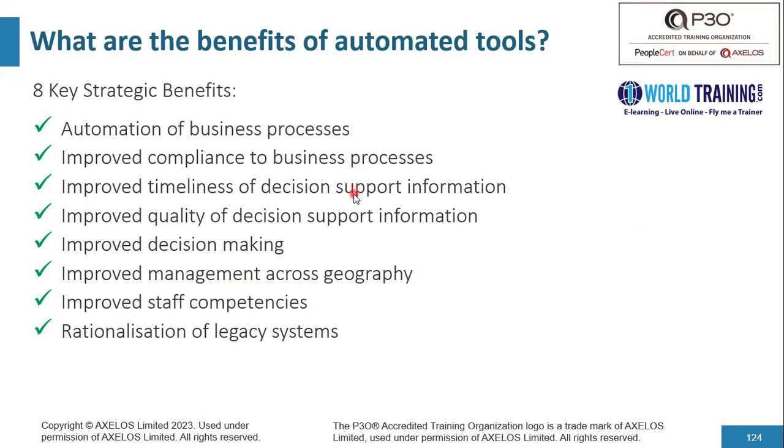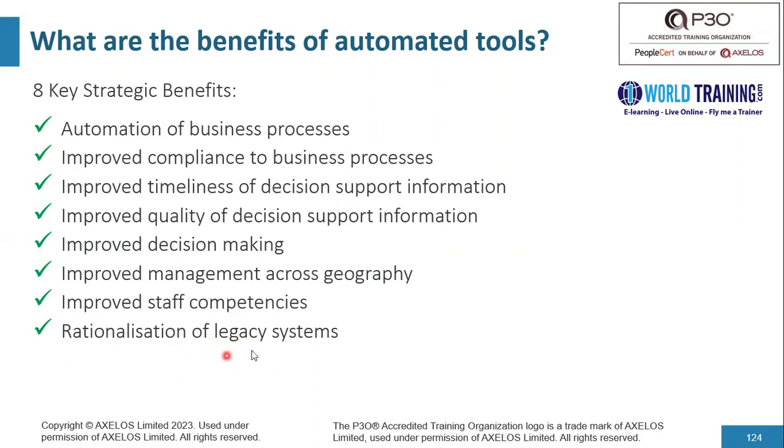It improves timeliness of decision support information. It improves quality of decision support information, improves decision making, improves management across geography, especially if you have a distributed P3O model, improves staff competencies, and helps in rationalization of legacy systems.